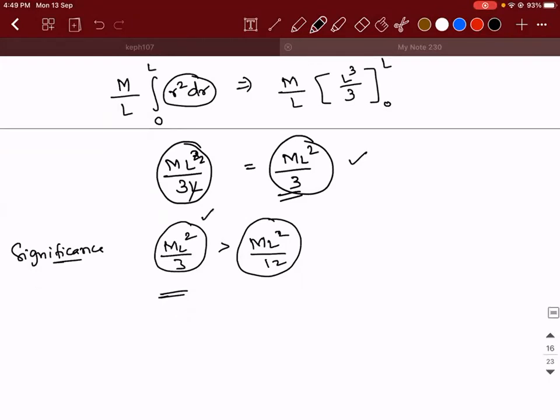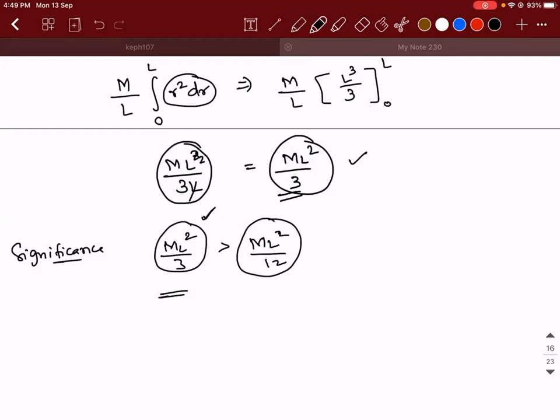Now, if you rotate a thin rod about one of its ends, the moment of inertia will be more, meaning the resistance offered will be more compared to the case where the axis of rotation is taken at the center. Am I clear with this?